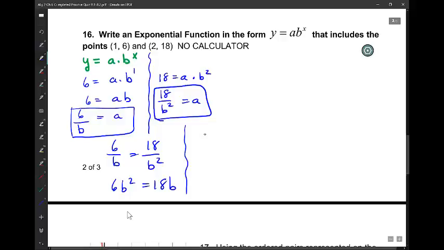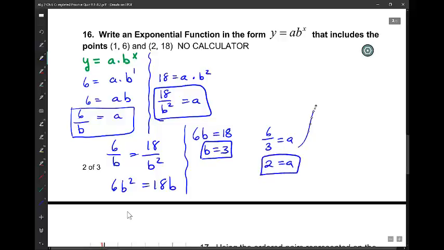I'm going to divide both sides by b and get 6b equals 18, and divide by 6 and get b equals 3. I now take that value of b equals 3 and plug it back into 6 over 3 equals a, and realize that a equals 2. That gives me my equation of y equals 2 times 3 to the x.